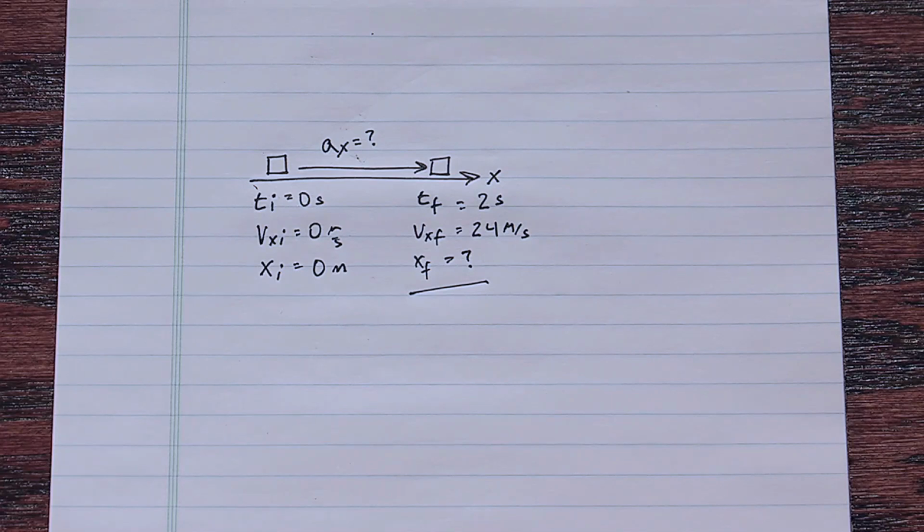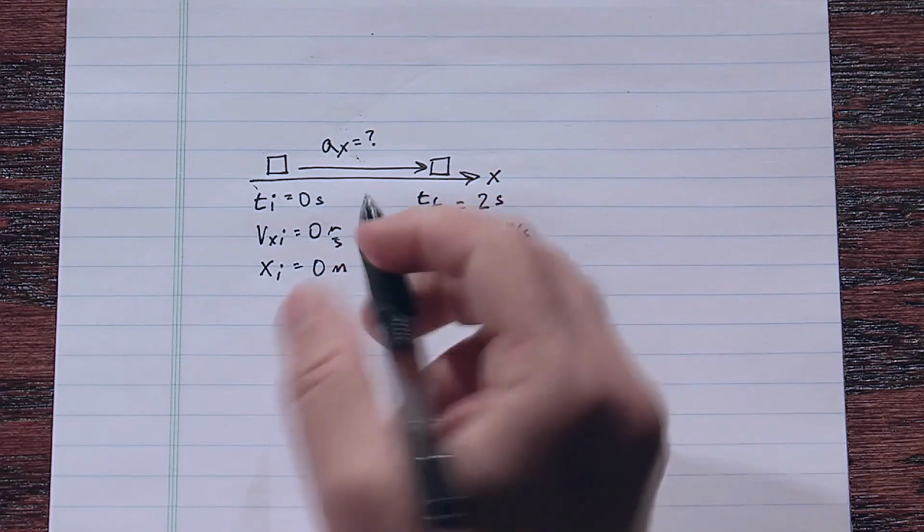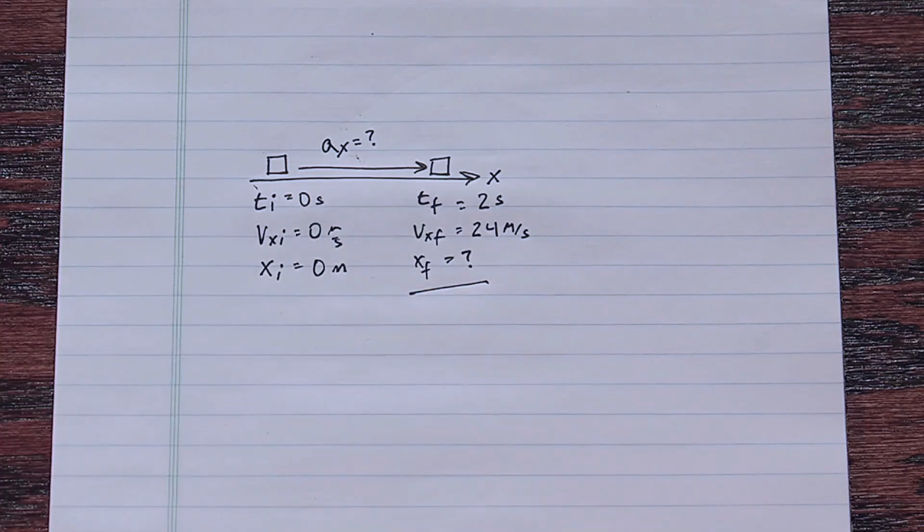So we've drawn our diagram. We've listed our knowns and our unknowns. Now it's time to identify the situation. We have a change in position, a change in velocity, a change in time. All of these indicate that we're dealing with a kinematic situation.